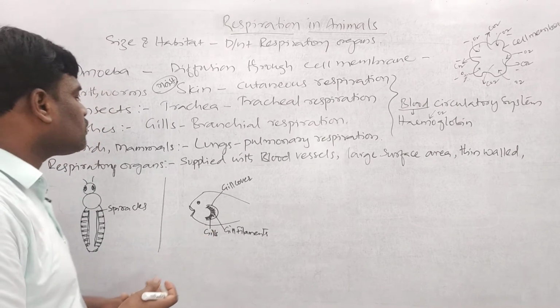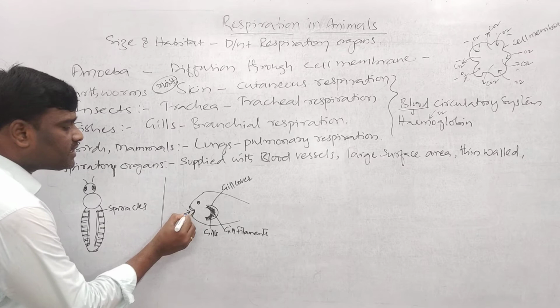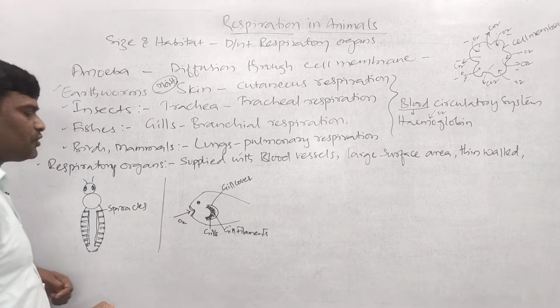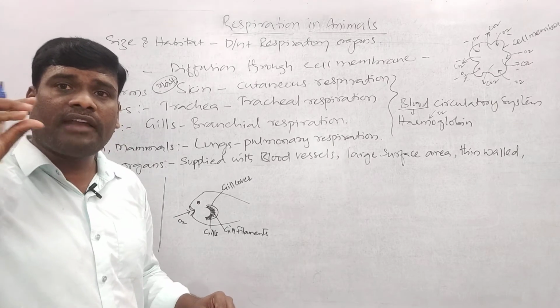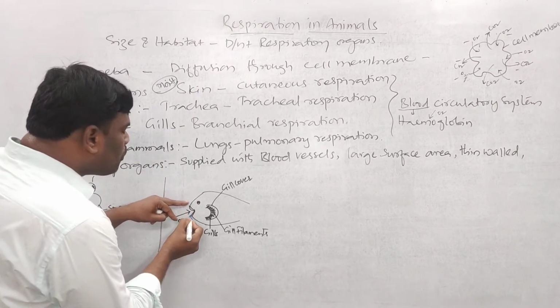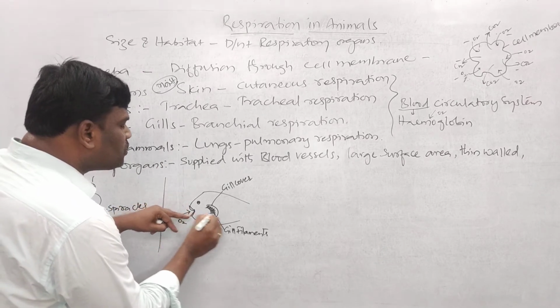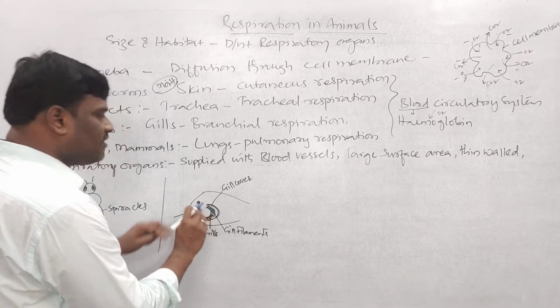In respiration in fishes, what happens here is water enters into the fish through the mouth. The fish opens its mouth and water enters, children, and when the fish closes its mouth, water is pushed outside through the gill slit.